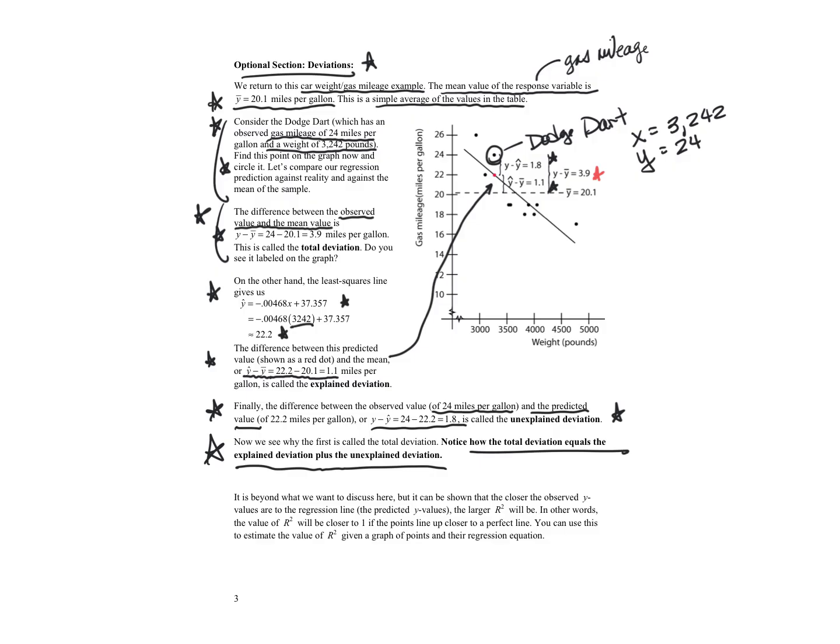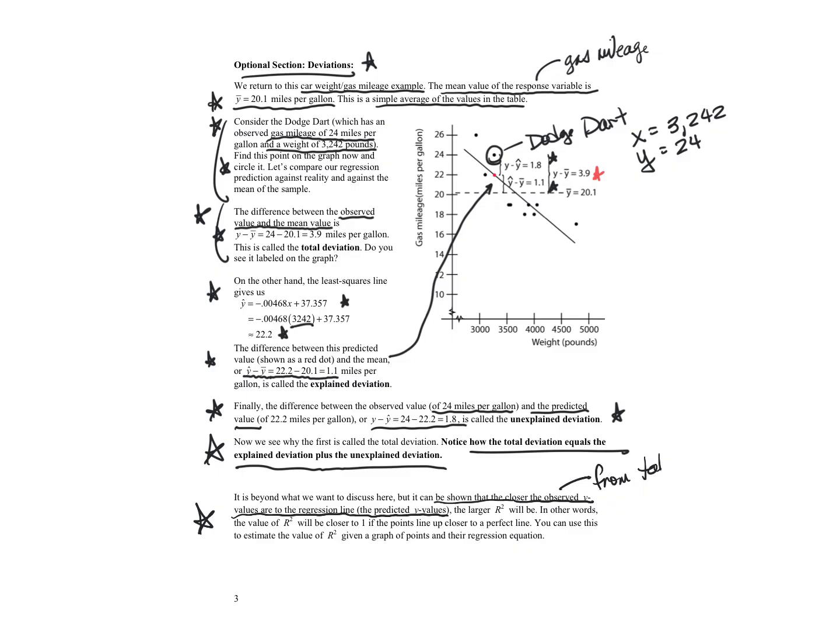Now, we really are not going to get into much more. The book does touch a little bit on this deviation stuff, so I thought I would throw that in here, but you're really not going to need it in a day-to-day kind of way. The last thing I'll say is this little paragraph, and it's related to a couple of those facts at the top of the last page, and it basically says this. It can be shown that the closer the observed y values are to the regression line, and the observed y values are those from the table, right?